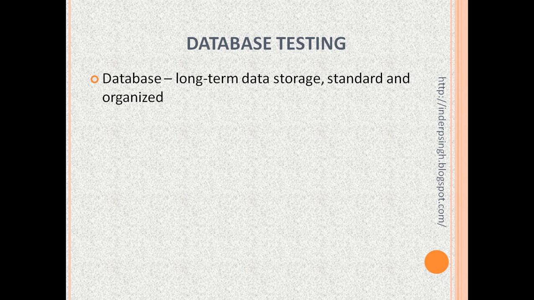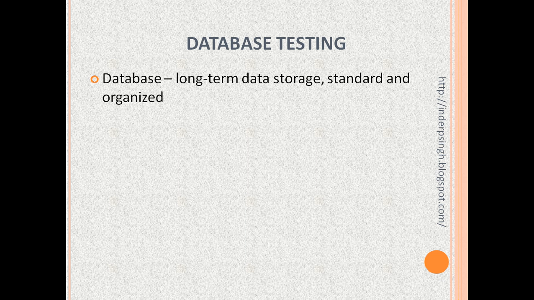Also, database means that it is an organized form of data storage. So instead of having various formats all mixed together, the data is stored in the form of tables, and you can write your own SQL queries to look at specific data in the database. And also you can look at the data programmatically via your application code.